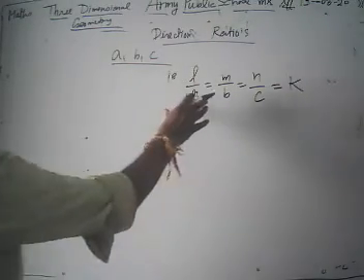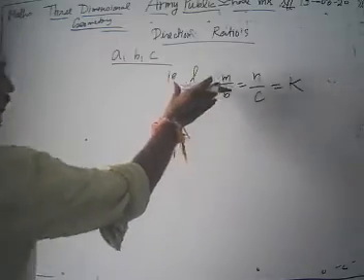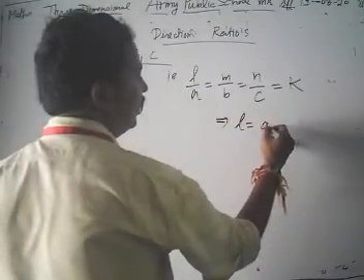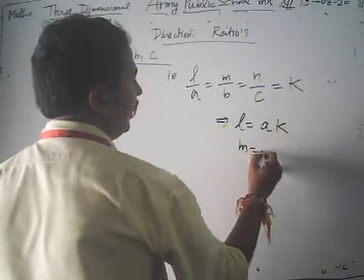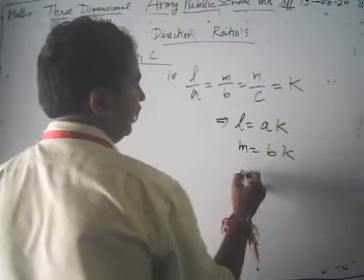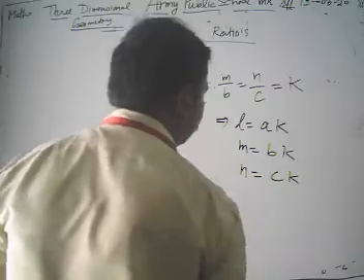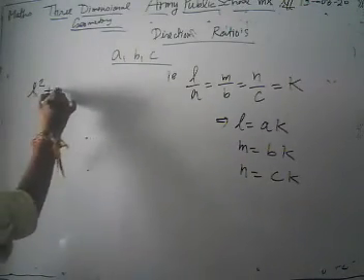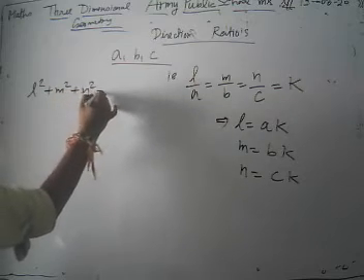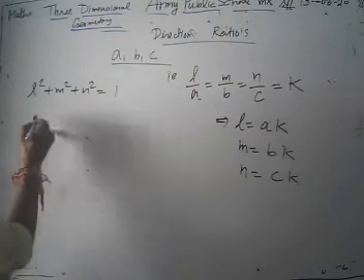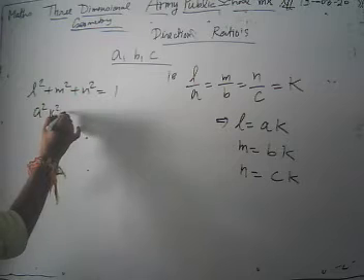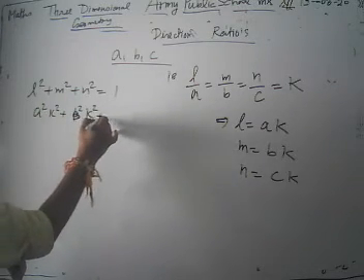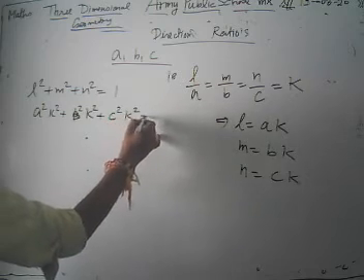Look, from here we have defined our direction ratios. From here what do we get? We get l is ak, m is bk and n is ck. Now one of the relationships: l square plus m square plus n square is equal to 1. Then we have a square k square plus b square k square plus c square k square equal to 1.